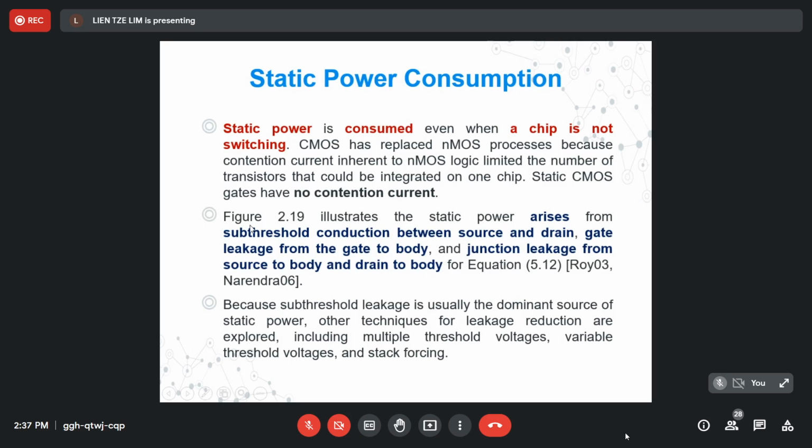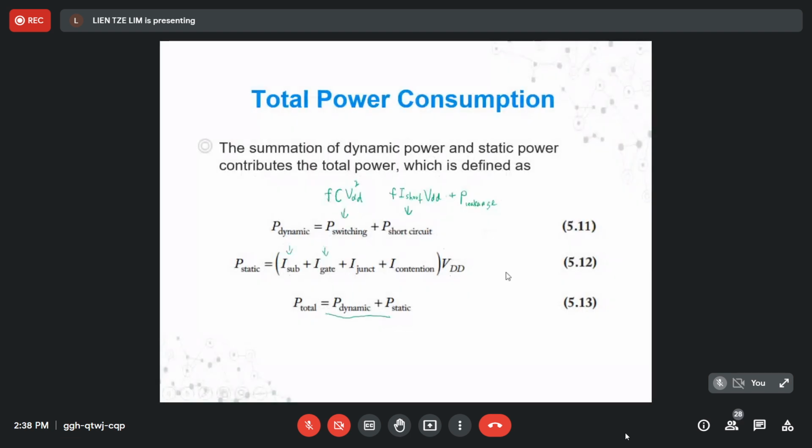Figure 2.19 illustrates the static power arising from subthreshold conduction between source and drain, gate leakage from the gate to body, and junction leakage from source to body and drain to body. For equation 5.12, equation 5.12 is the one that I showed you.